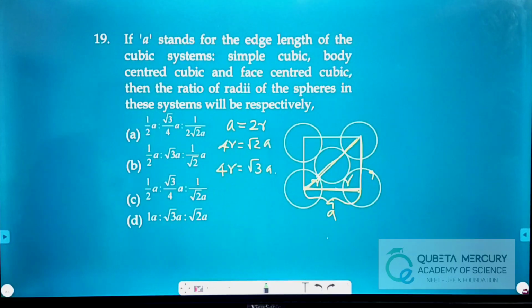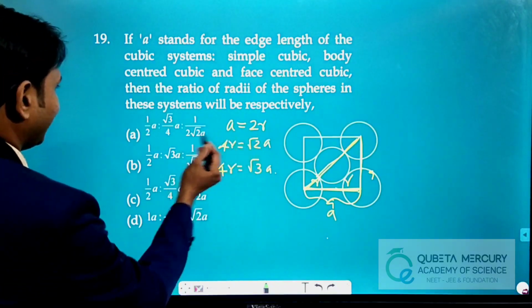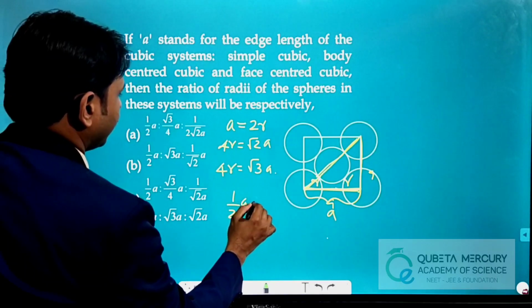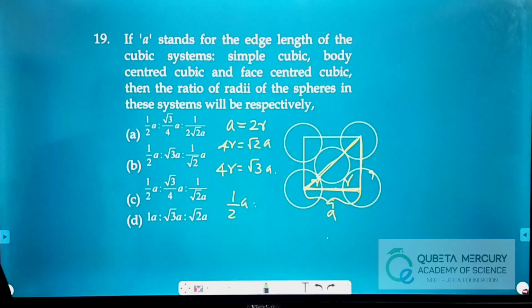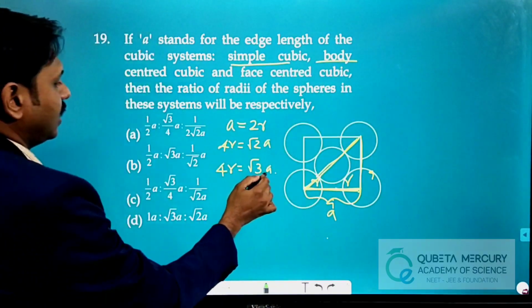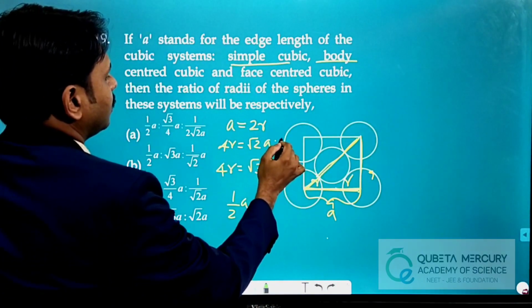Now what has been asked? r equals, in the first case r equals 1 by 2 a. Second case, what has been asked here? Simple cubic, then body-centered. Body-centered is this one, this is face-centered.